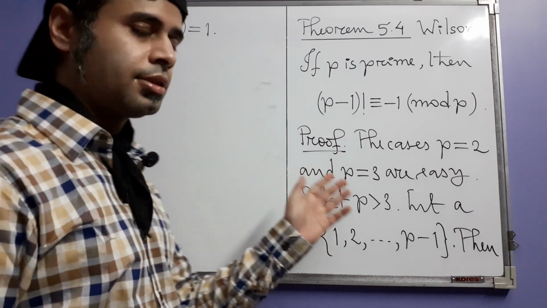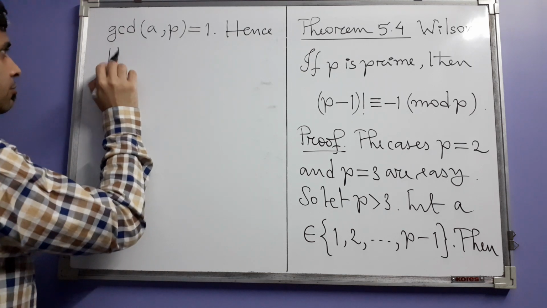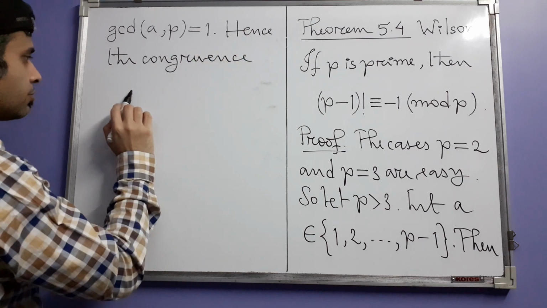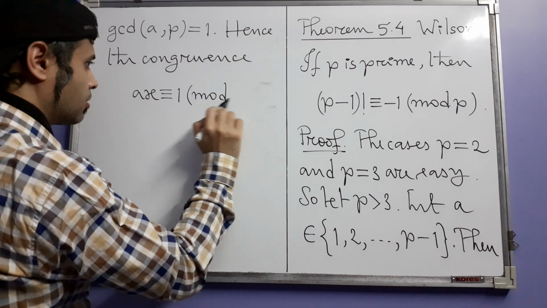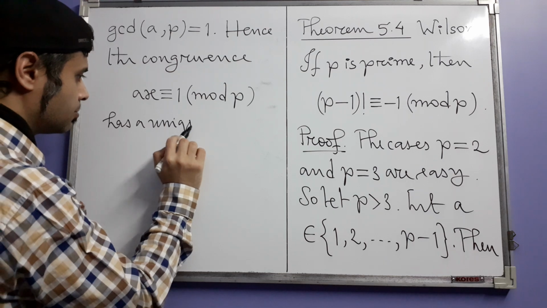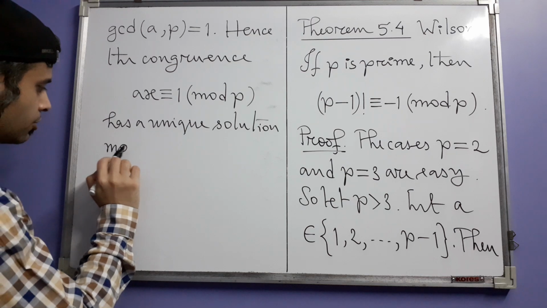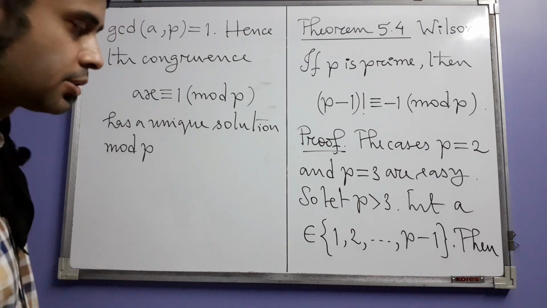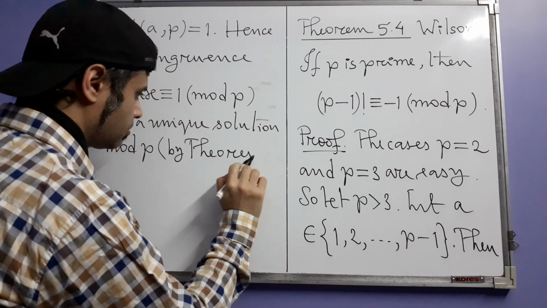So by the theory of congruences, this congruence AX congruent to 1 mod P has a unique solution modulo P, and the specific theorem is theorem 47. It's coming from there.